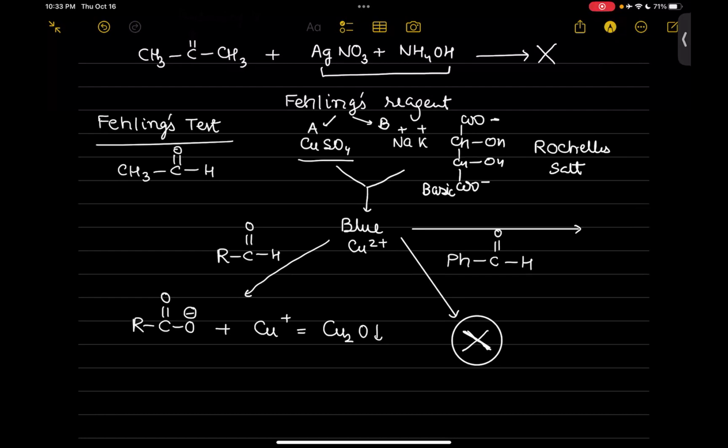Then you have ketones. We didn't expect ketones to give this test, and ketones will not respond to this test because ketones cannot be oxidized. If one is oxidized, the other is reduced, and it is the copper 2 plus getting reduced to Cu2O. What is the color of Cu2O?